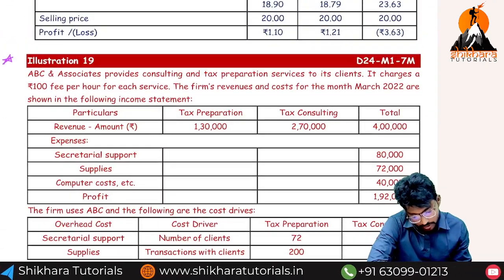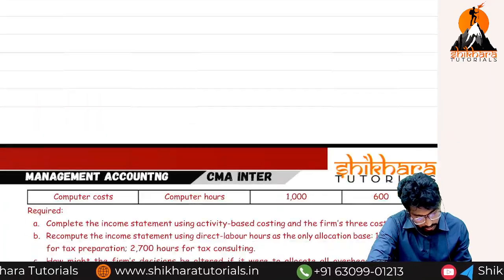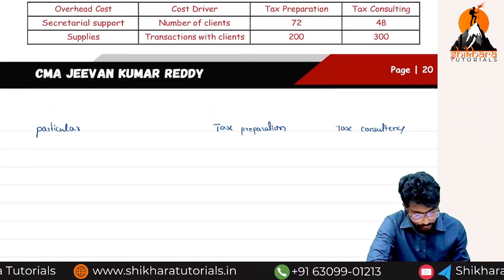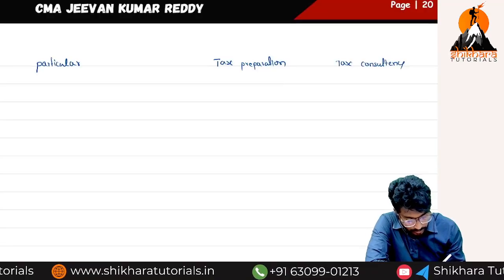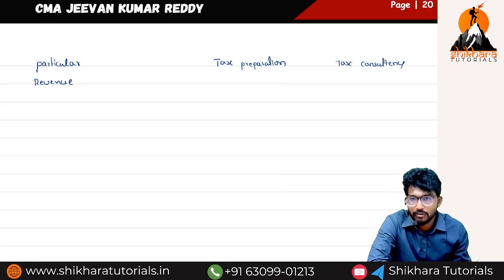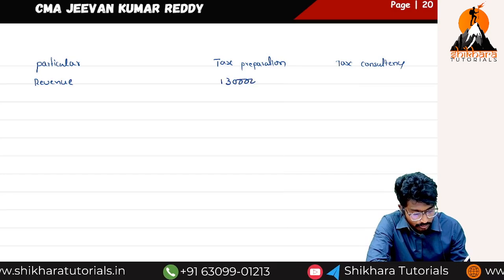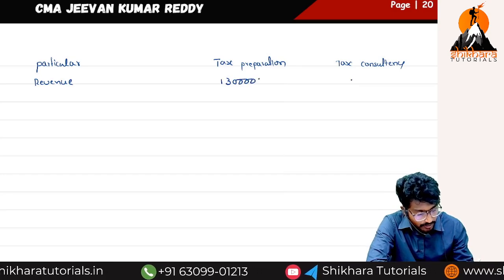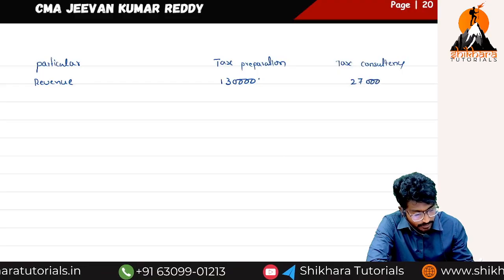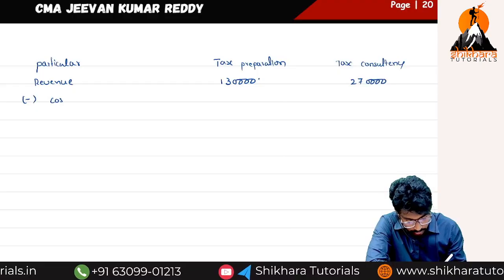There is no direct cost at all. Now, revenue. What is the revenue we have for tax preparation? It is 1,30,000. Next, for tax consultancy, it is 2,70,000 minus cost.